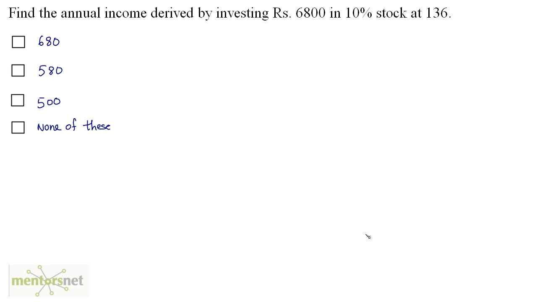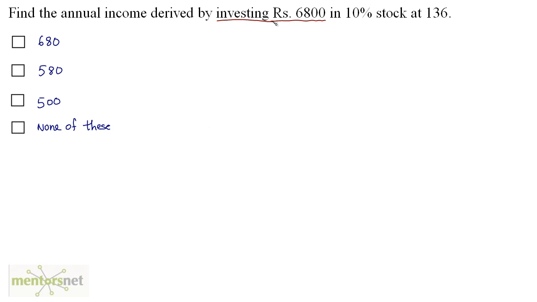Find the annual income derived by investing rupees 6,800 in 10% stock at 136. So we want to calculate the annual income, and for annual income you need face value, because annual income is basically dividend, and dividend is calculated on the face value. Now you might confuse that this is the face value, but that is not the face value because it is invested.